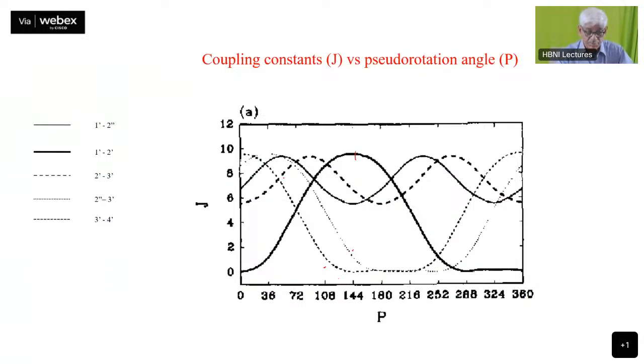Whereas these two couplings, 1' 2'' and 2', 3', vary in the range of 6 to 8 Hertz or 6 to 10 Hertz, and you will see those cross peaks in every sugar geometry. Whether it is 3' endo or 2' endo or anything else, you will see those values because they are more than 6. Therefore, these become very crucial to identify what kind of sugar geometry you might have in your DNA sequence.